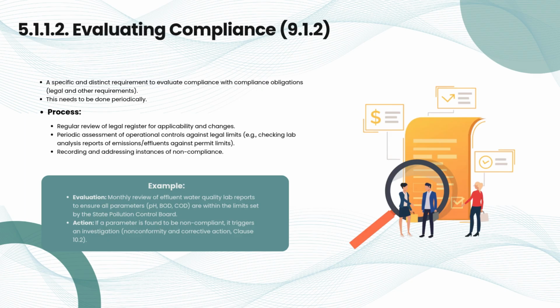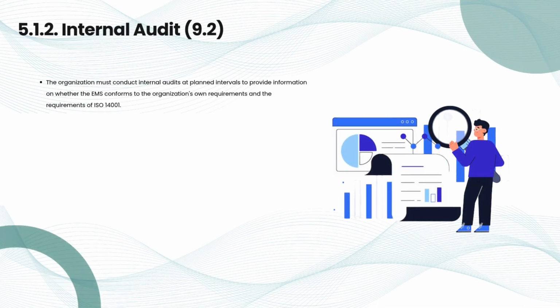For example, your team might conduct a monthly review of effluent water quality lab reports to ensure that all parameters, such as pH, BOD, and COD, are consistently within the limits set by the State Pollution Control Board. If a parameter is found to be non-compliant, this immediately triggers an investigation and corrective action, linking directly to Clause 10.2.